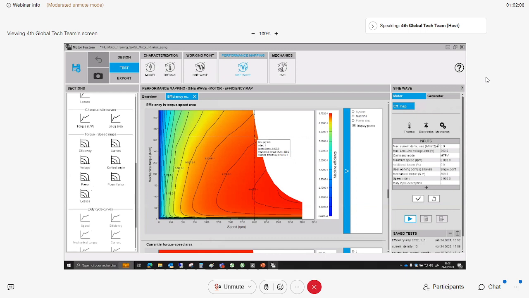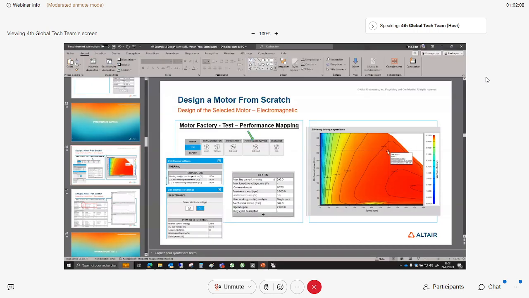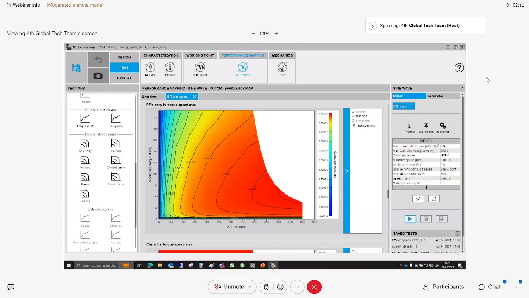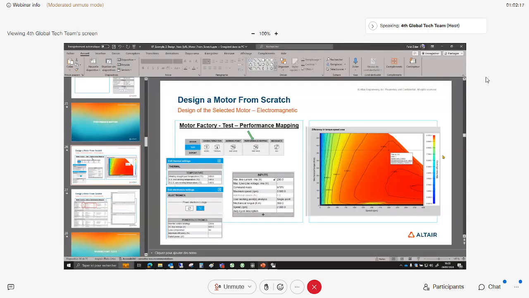As indicated here, this is the result with MTPV, and here is the result with MTPA. In both command modes, I have my working point target here.